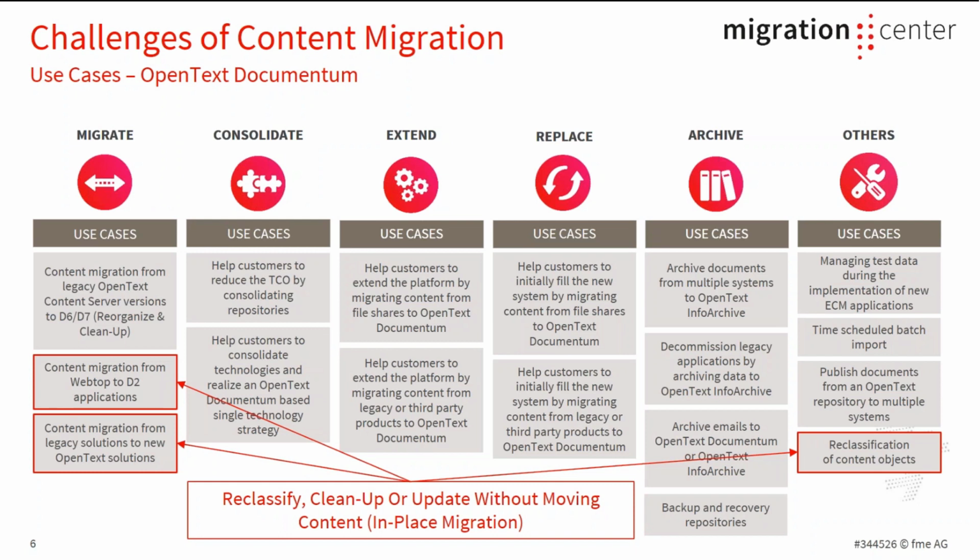And also the content migration for applications based on WebTop to D2, but also to replace or migrate legacy solutions to a new OpenText solution. That could be, for example, a home-grown EPFM system to the new D2 EPFM framework from OpenText.